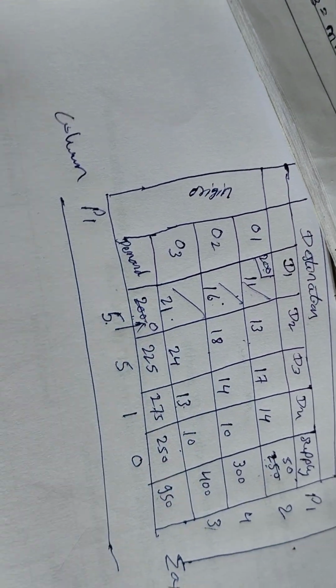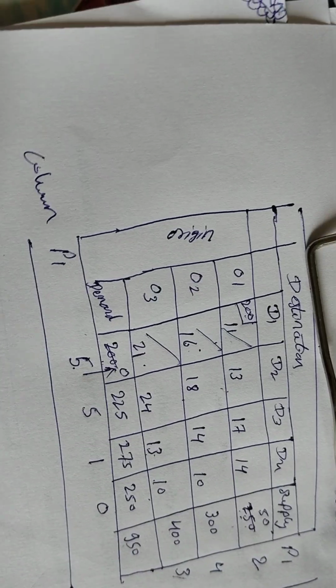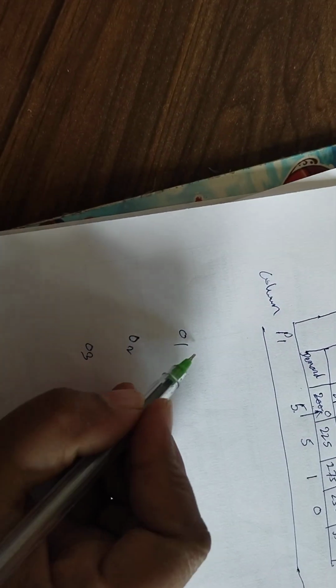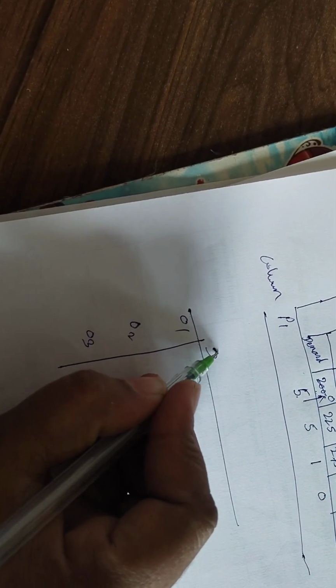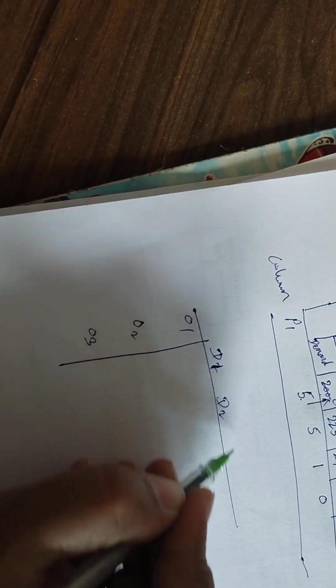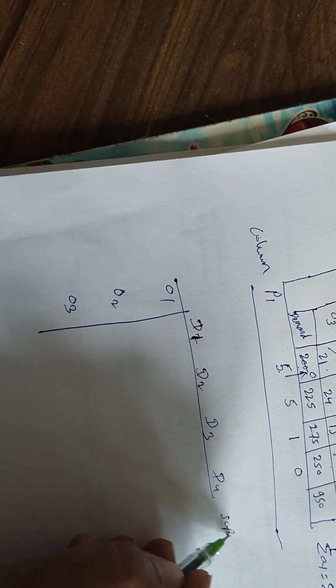Now redraw the table once again for the second penalty. I am redrawing now. O1, O2, O3. Since D1 is deleted, otherwise you can keep it as it is. D1, D2, D3, D4, supply.